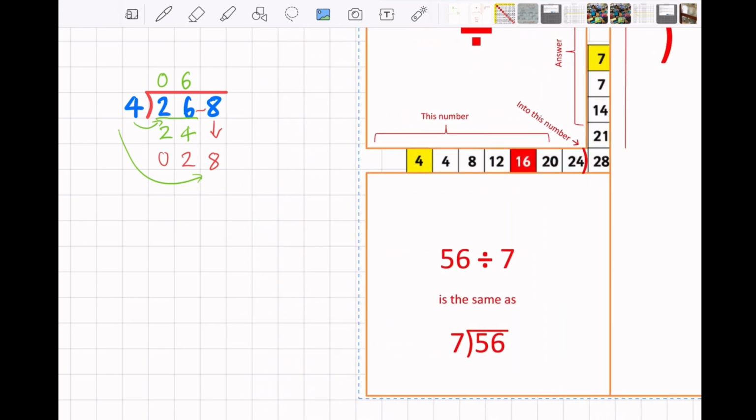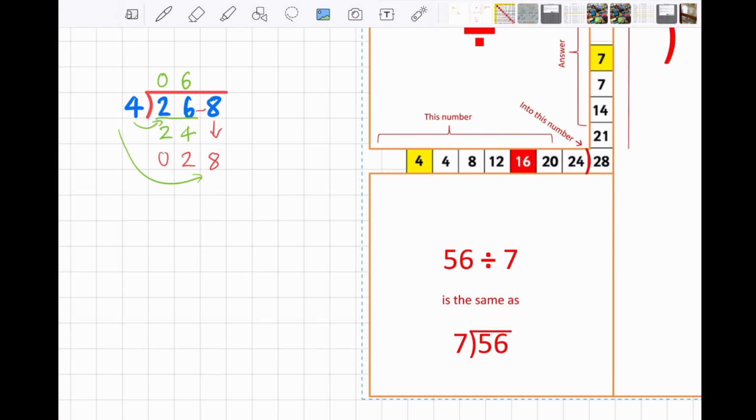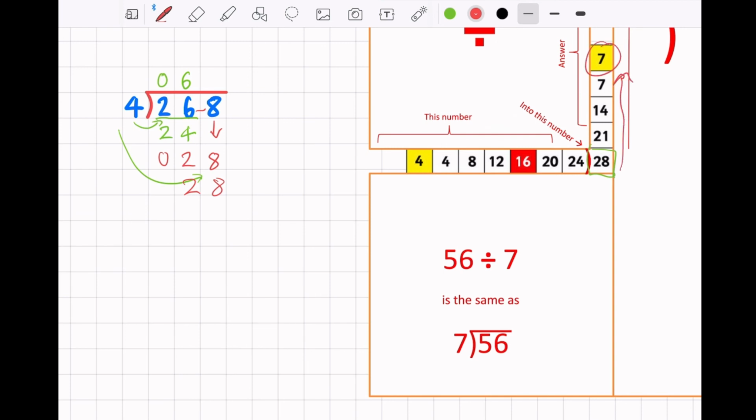Oh, there it is. 4 into 28 is the number 28, which is terrific. So I write that number here, and now I look up and I see the number 7, so I write that here, and now I do a subtraction. 28 minus 28 is 0, so my answer is 67. So there's the first kind of question that you can do.